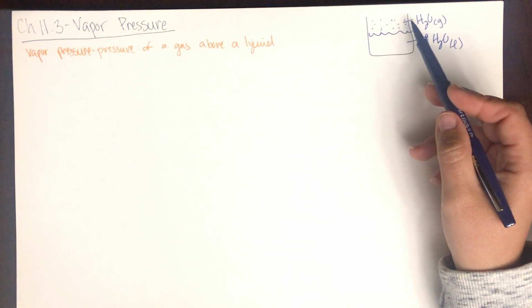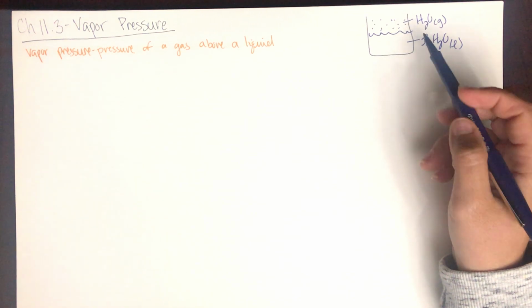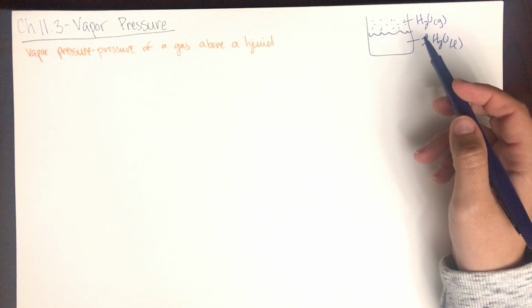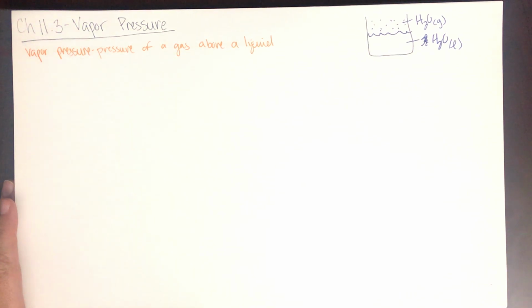So there's a formula that we can use that relates the vapor pressure of a substance to the temperature. And this formula is called the Clausius-Clapeyron equation.